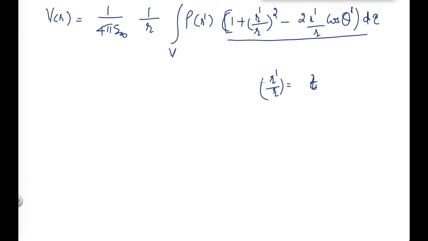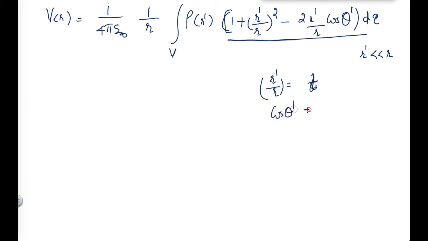I'm just taking R dash by R equal to t. We know that R dash is very much less than R, which means t is very much less than 1, because R dash corresponds to the charge distribution. It need not be so, still I assume that R dash is less than R.